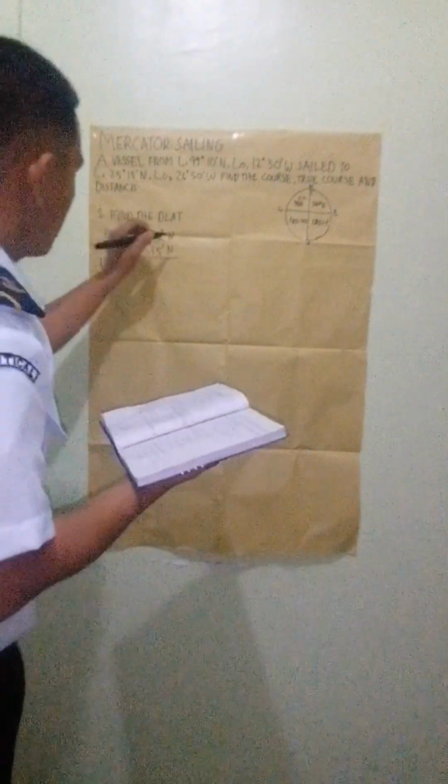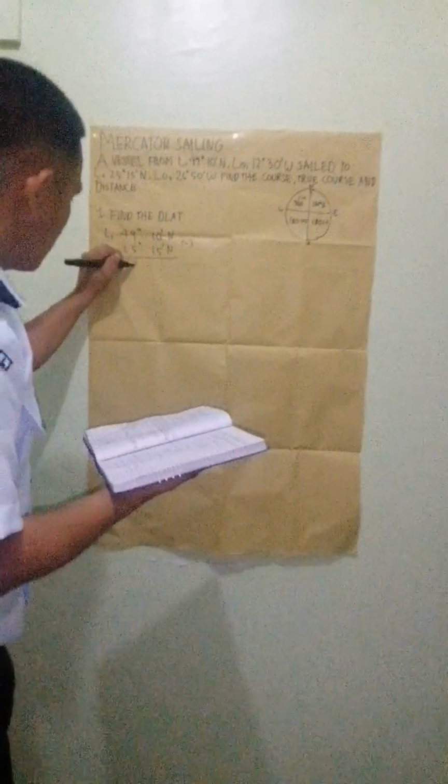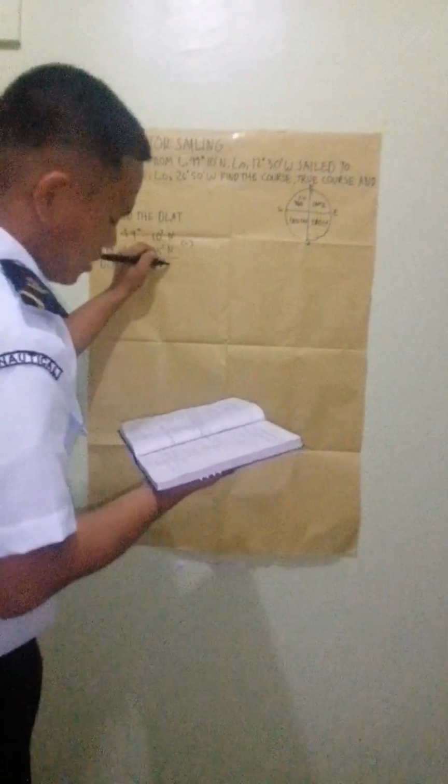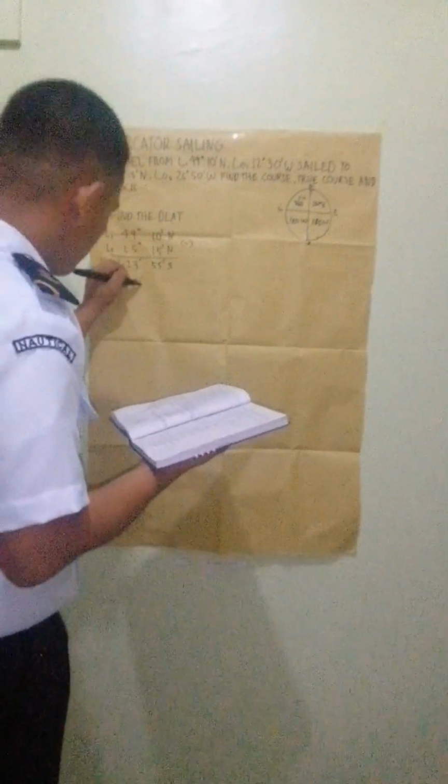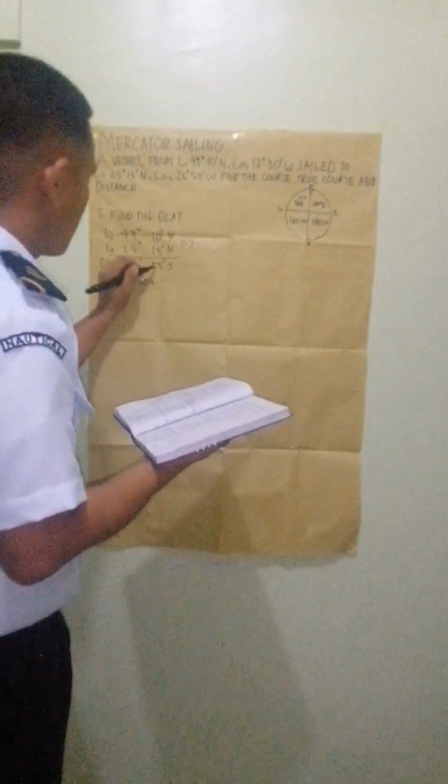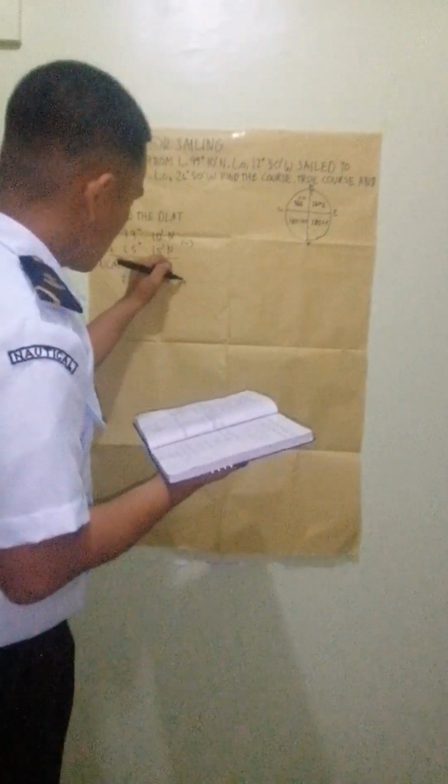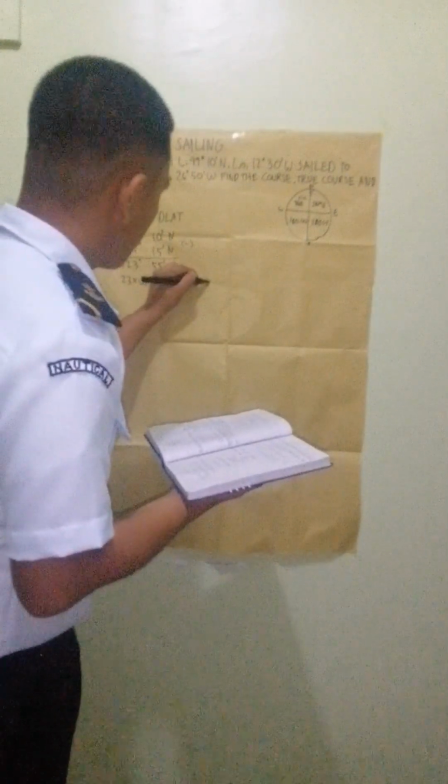And this is the DLAT, and you must subtract. And then this is 23 degrees and 55 minutes south. And then you must bring down 23 times, as usual, times 60 plus 55. You must bring down 55, and then the answer is 1,435 miles. And this is your DLAT.